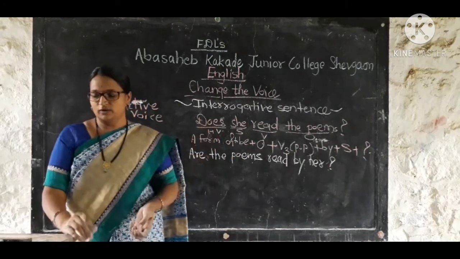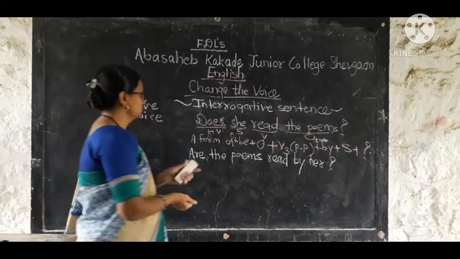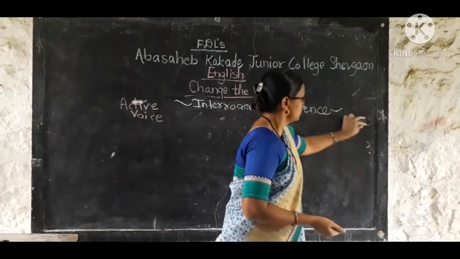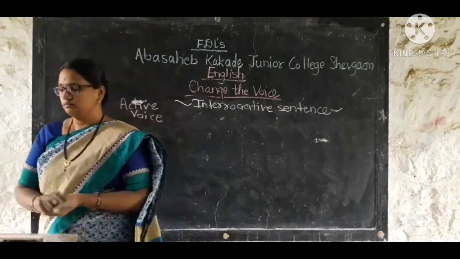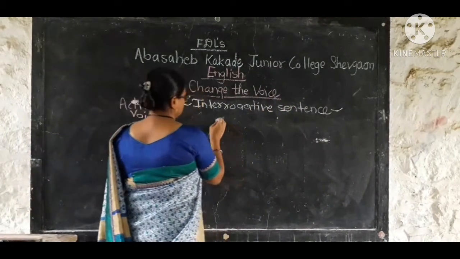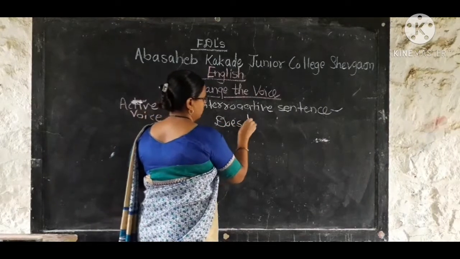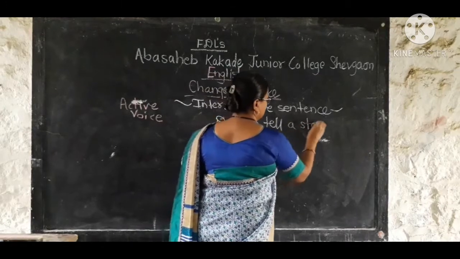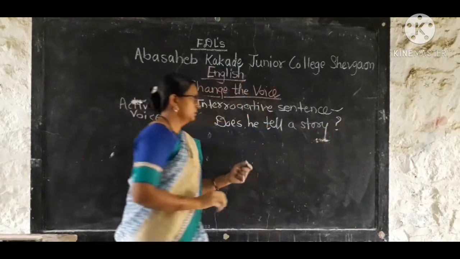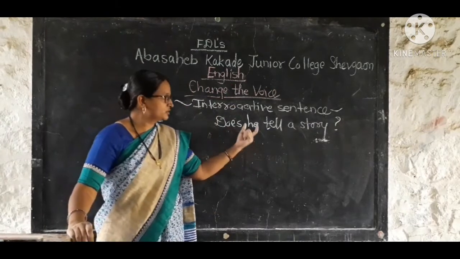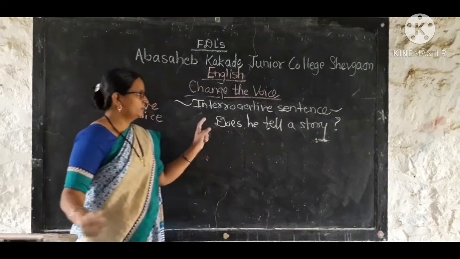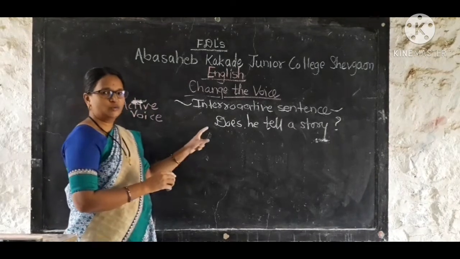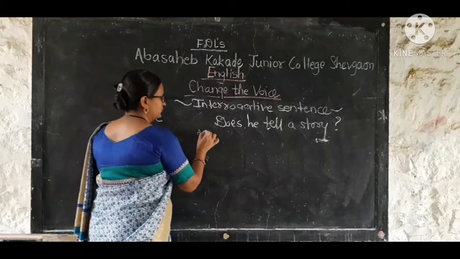We will take one more example. Does he tell a story? Now, when we have to turn this active into passive, we have to begin our sentence with a form of be.